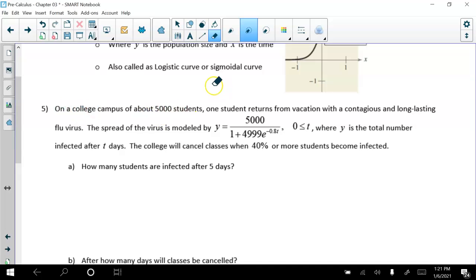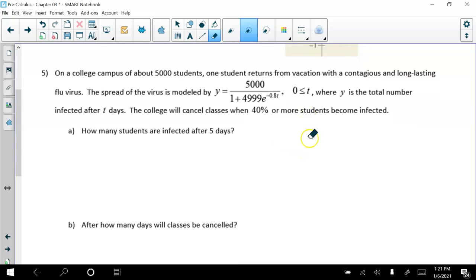A college campus, about 5,000 students. A person returns with a contagious and long-lasting flu virus. So the spread of the virus, y equals 5,000 divided by 1 plus 4,999 e to the negative 0.8t. So how many students are infected after 5 days? It can show you how fast things can spread, especially on a college campus.